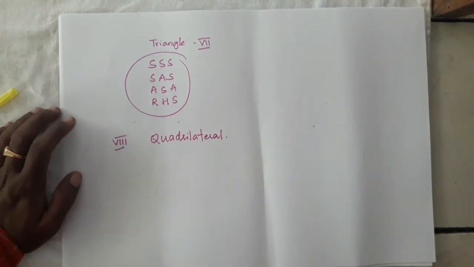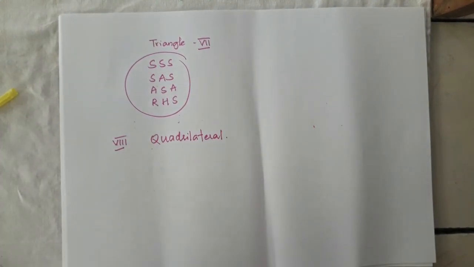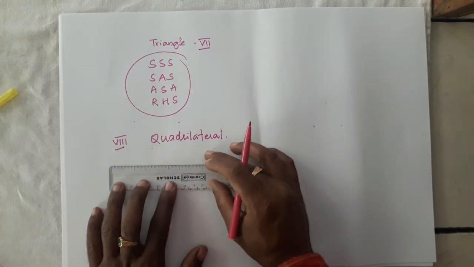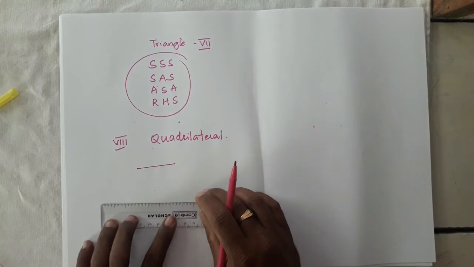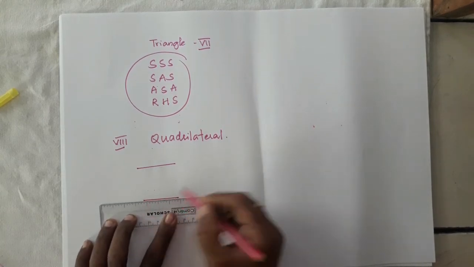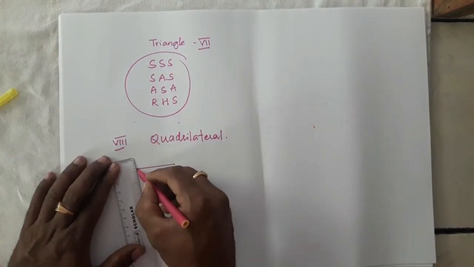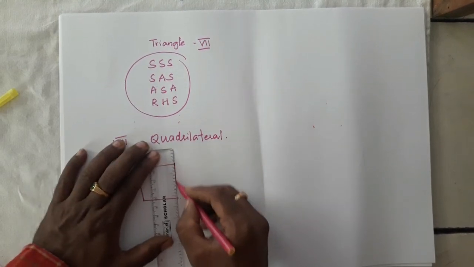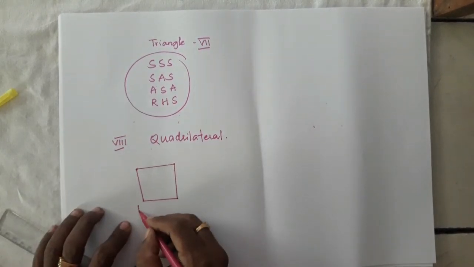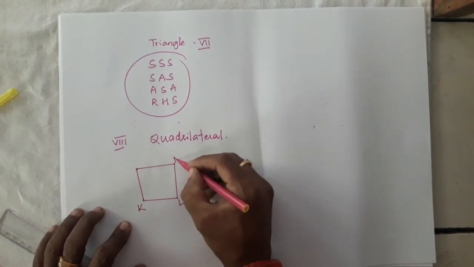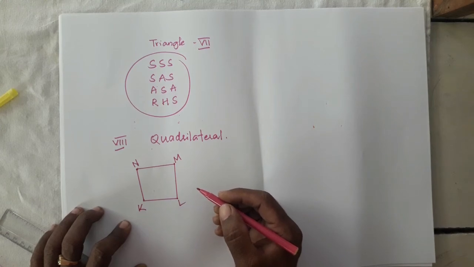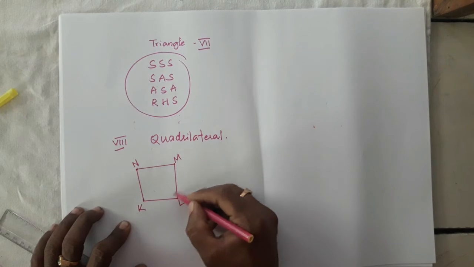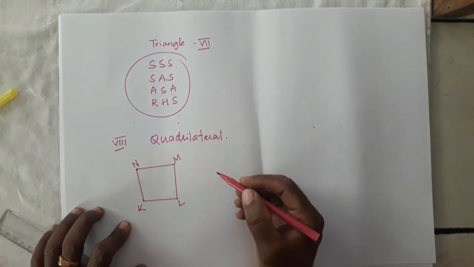To understand how to construct a given quadrilateral, first you should know the components of a quadrilateral. This is some quadrilateral. If I name this quadrilateral with the letters K, L, M, N, K, L, M, N are the vertices and therefore angles are formed.